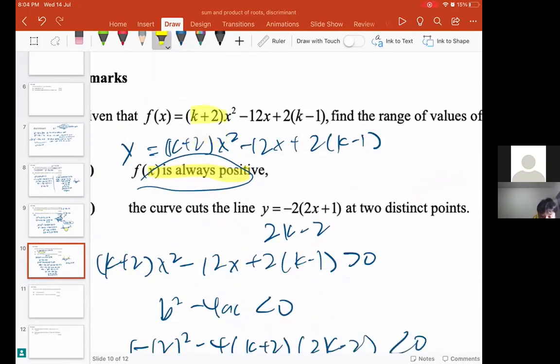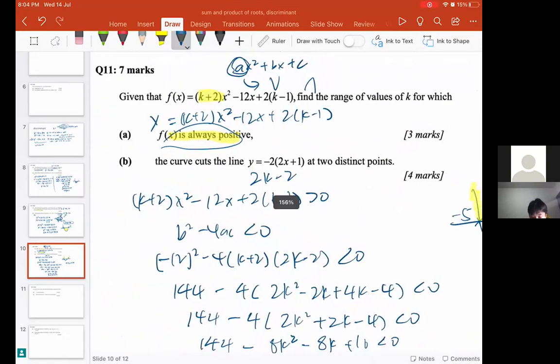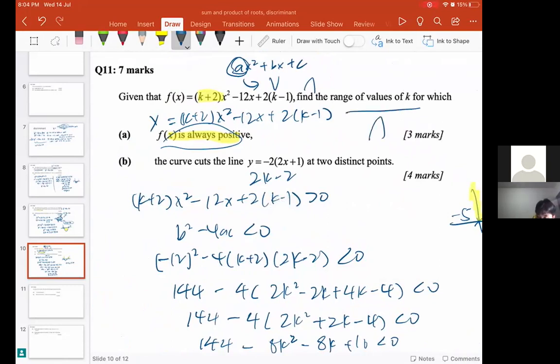Now, if we recall, in ax squared plus bx plus c, the a here will determine whether it's a happy face curve or a sad face curve. If we want f(x) to always be positive, we would want it to be a happy face curve, because an unhappy face curve would always be negative, and a happy face curve will always be positive if it never touches the x-axis. Can an unhappy curve be positive without touching the x-axis?